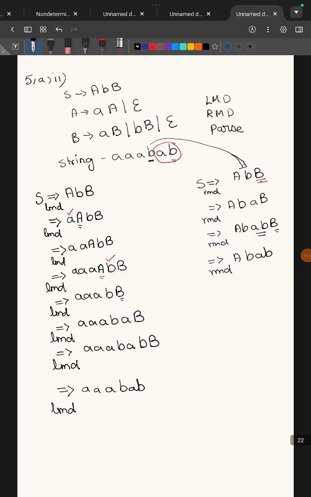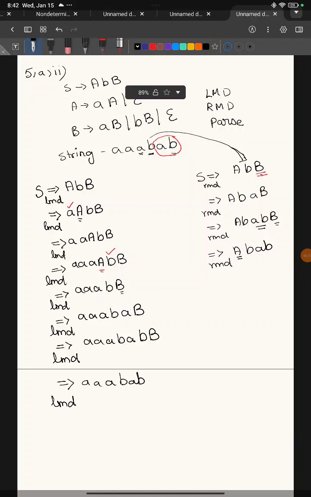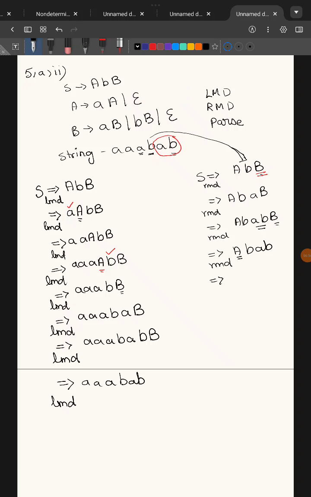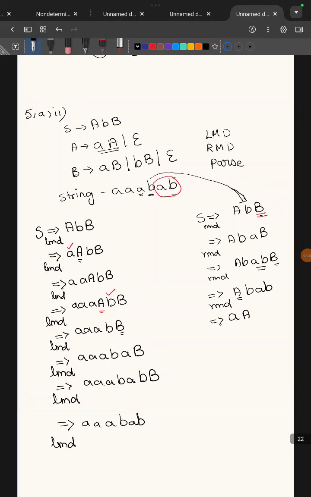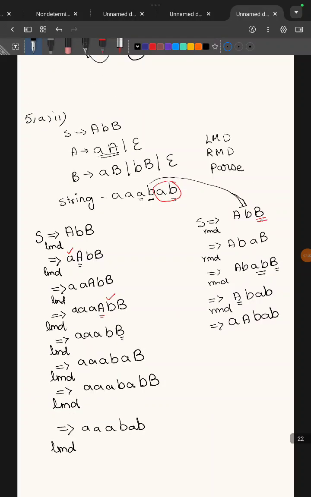Now we have to replace this A. How will we replace this A? We want A over here. So instead of my variable A, I will write AA. That is the rule, right? So it is AA, BAB remains the same.